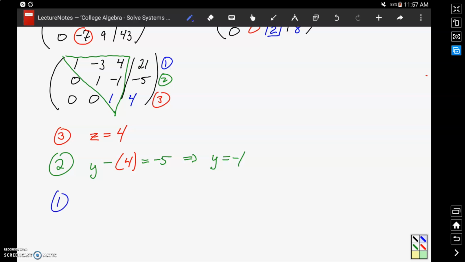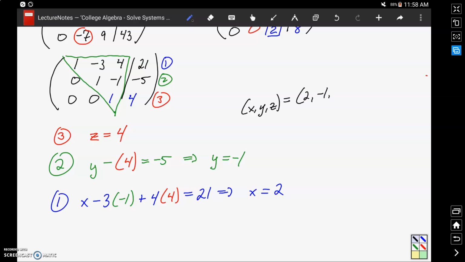And then working our way up to equation 1, we would have x minus 3 times negative 1 plus 4 times z, which is 4, would be equal to 21. And then solving for x would give us x equals 2. So we achieve that ordered triple, xyz, which is going to be equal to (2, negative 1, 4).